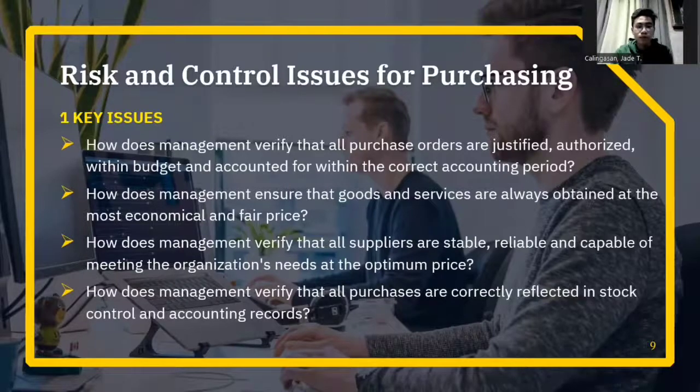How does management ensure that goods and services are always obtained at the most economical and fair price? How does management verify that all suppliers are stable, reliable, and capable of meeting the organization's need at the optimum price? And how does management verify that all purchases are correctly reflected in stock control and accounting records?